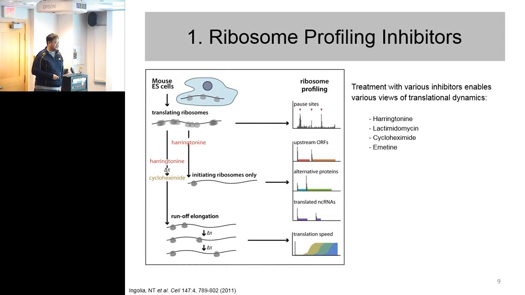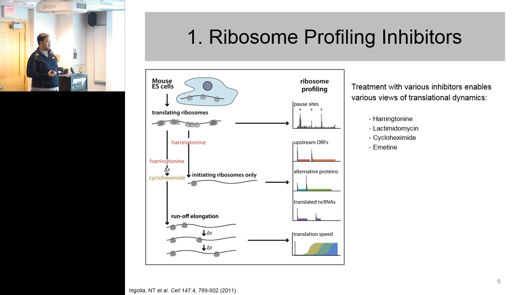Just briefly, one of the major differentiating points about ribosome profiling is that your cells are usually treated with different translational inhibitors. The first two, I believe, act similarly. Harringtonine, I think, what does it do?